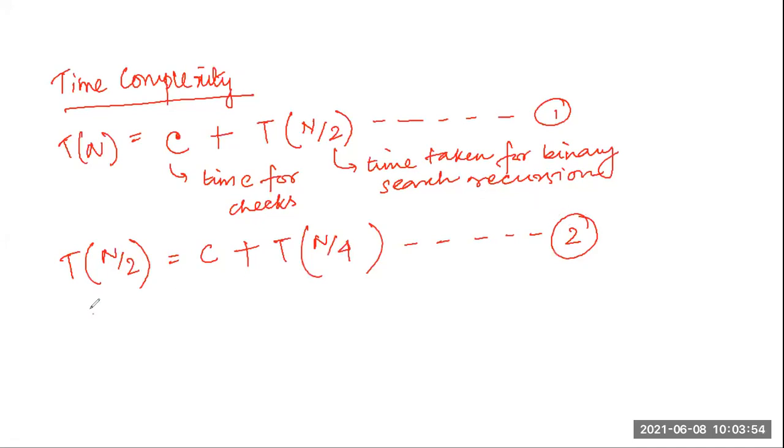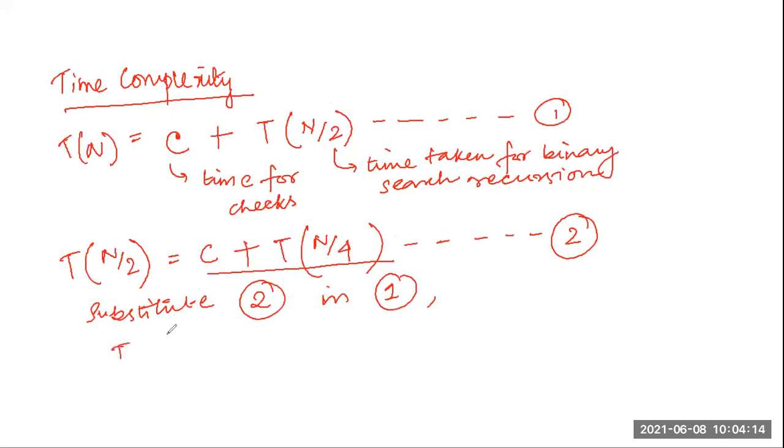Now, if I substitute this equation 2 in equation 1, okay? In place of T of n by 2, I am substituting this entire equation.